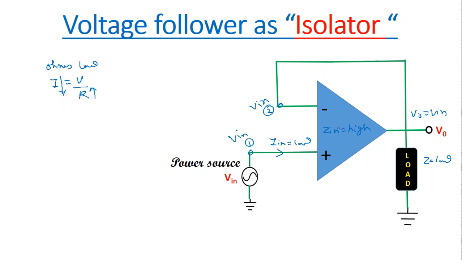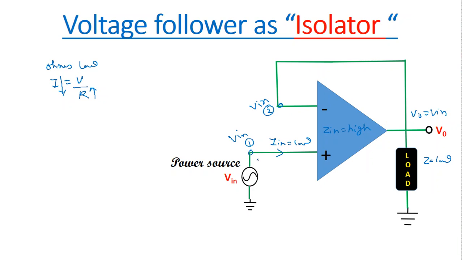Since the loading effect of the source is decreased due to this voltage follower circuit, less current is taken from the source. Loading means taking more current from the source. Since less current is taken from the source, the loading effect of this source is reduced, and by the property of the voltage follower, the input signal is equal to the output signal.